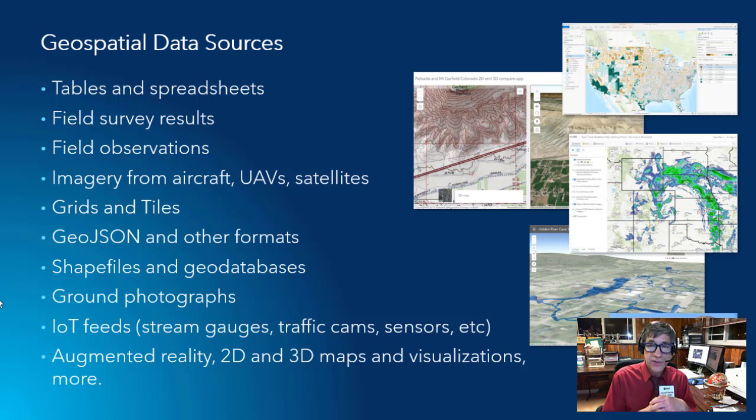Tables and spreadsheets, field surveys, field observations, even notes, imagery from aircraft, UAVs, satellites, grids, tiles, GeoJSON, and other widening, expanding sets of formats, shapefiles, geodatabases, ground photographs, IoT feeds, again, stream gauges, traffic cams, sensors of all kinds, augmented reality, 2D and 3D maps and visualizations, and many more sources for geospatial data.